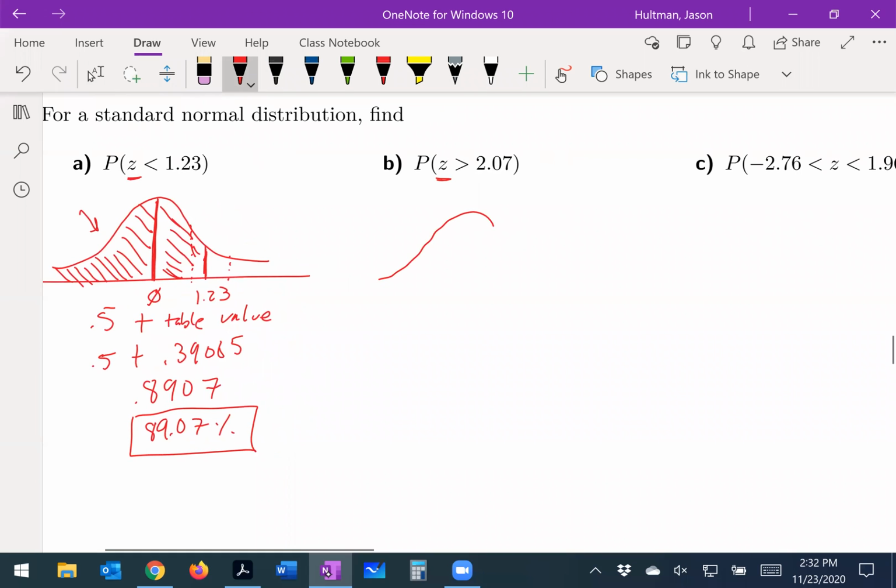What about this one? Z is greater than 2.07. Always put the mean at 0. I want the tails this time, so how do we get the tails? That's going to be 0.5 minus the table value. I look up 2.07, get that table value, and subtract it from 0.5.